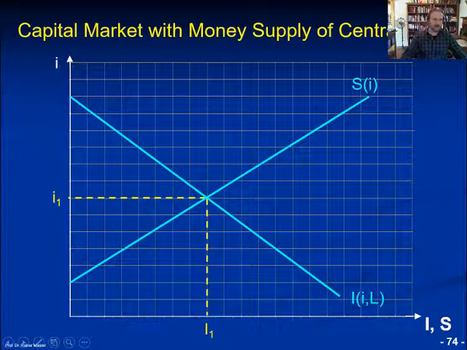If the central bank supplies this money independent of the interest rate level, we simply have to add these 4 little quads horizontally to the savings supply of the households at every interest rate level.